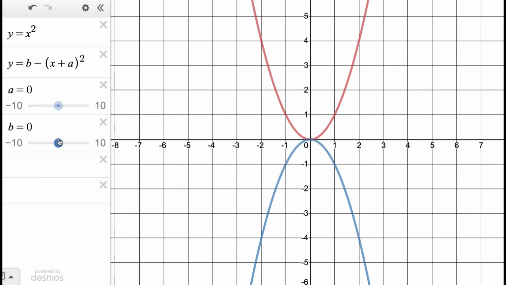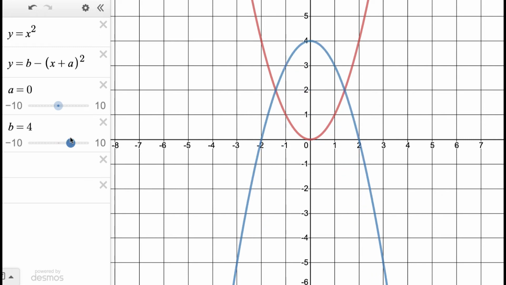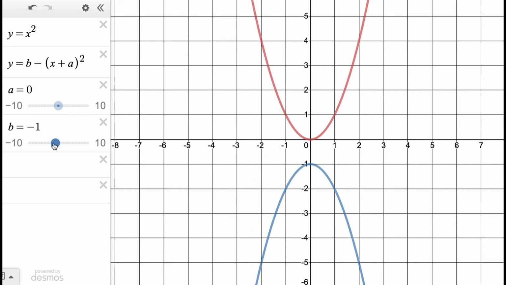If we made the value of b negative, then the blue graph y equals negative x squared moves down. All the heights now have a height that is 4 less than it used to be. So positive values for b, the y equals negative x squared graph moves up. Negative values for b, and the graph moves down.